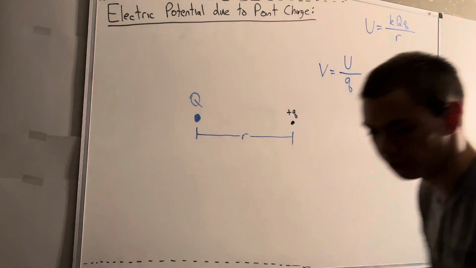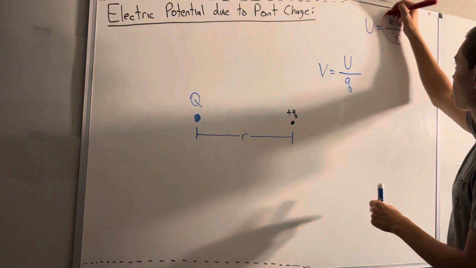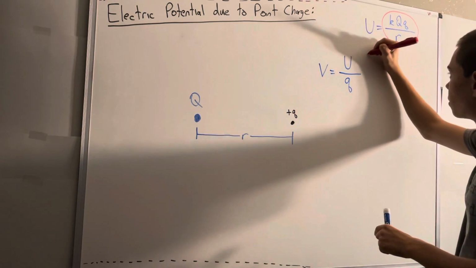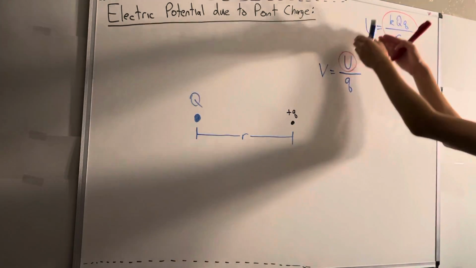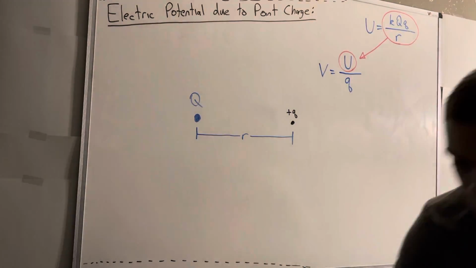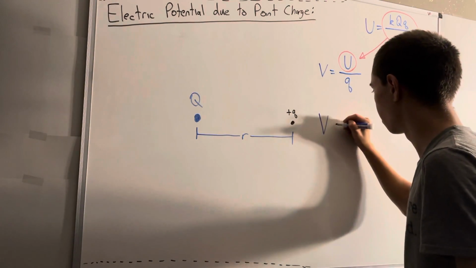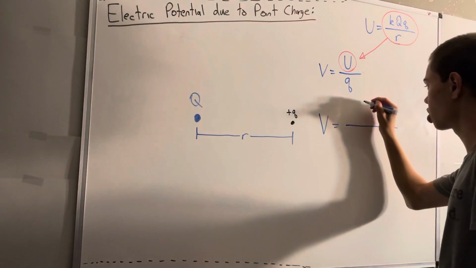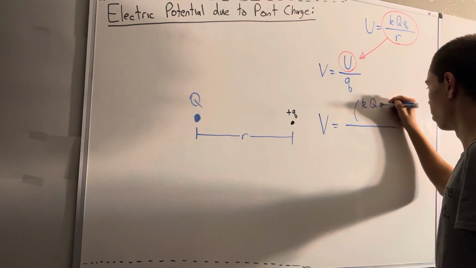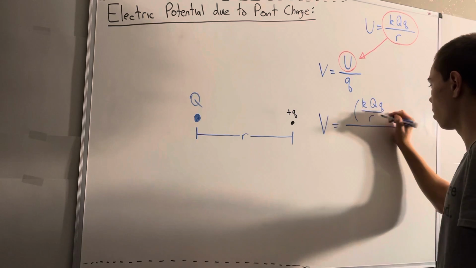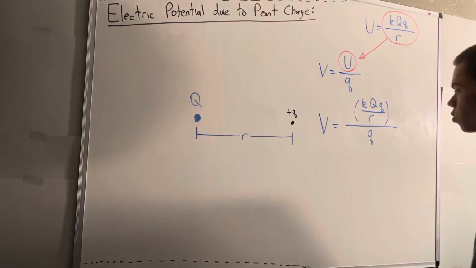Notice how we could just take what we have for electric potential energy and substitute it into here, because this is the same thing as U. So when we do that, here's what we're going to get. Substituting in electric potential energy as kQq over r, and we're dividing this by lowercase q. So this is what we have.